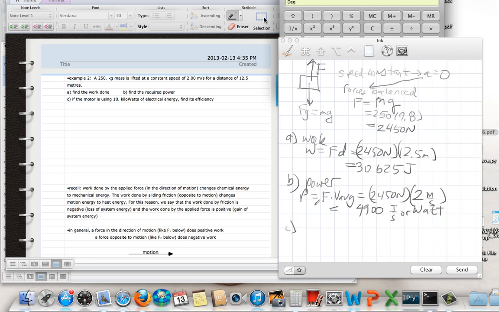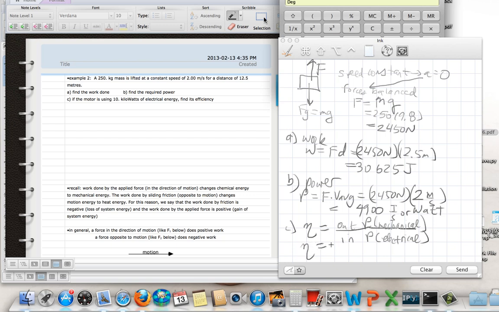Next, find the efficiency. Well, the efficiency is a ratio of output power to input power, or output energy to input energy. Now, the input power in this case is going to be the electrical energy that goes to the motor. The output power is going to be the mechanical power of the moving object.